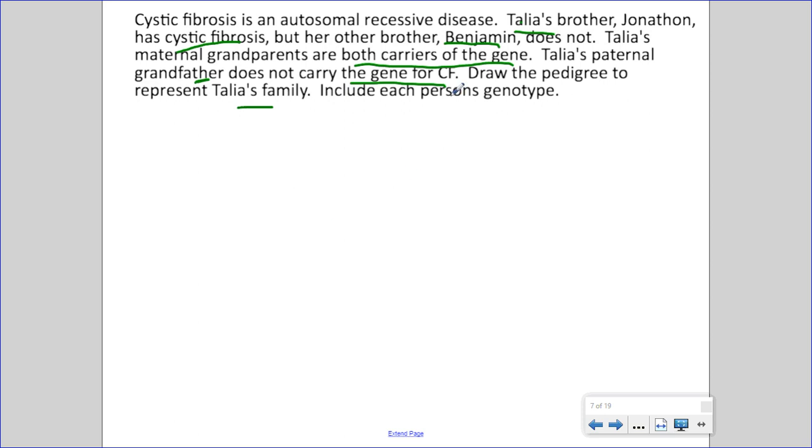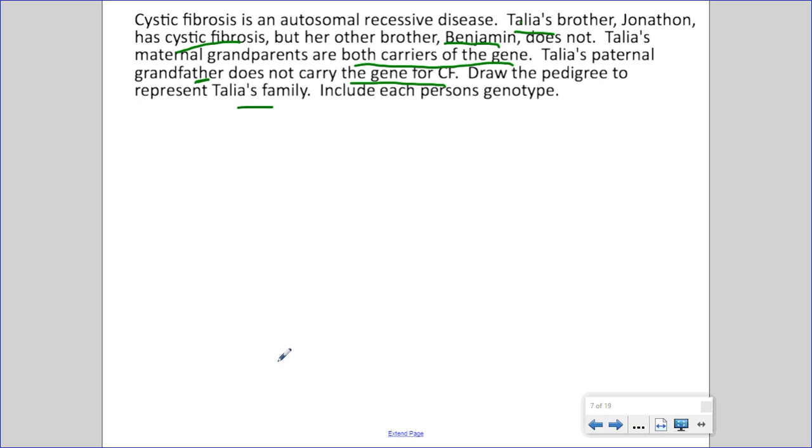There are two ways that we can approach our pedigree if we're asked to build one. We can start from the top down, starting with the grandparents and then going to the kids, or we can start with the kids and work our way up to the grandparents. Based on how this information is presented in this question, we'll start with Talia and her brothers and build our way up from there.